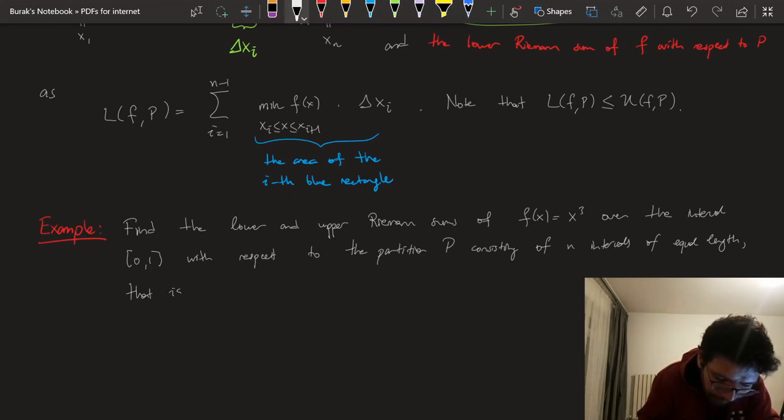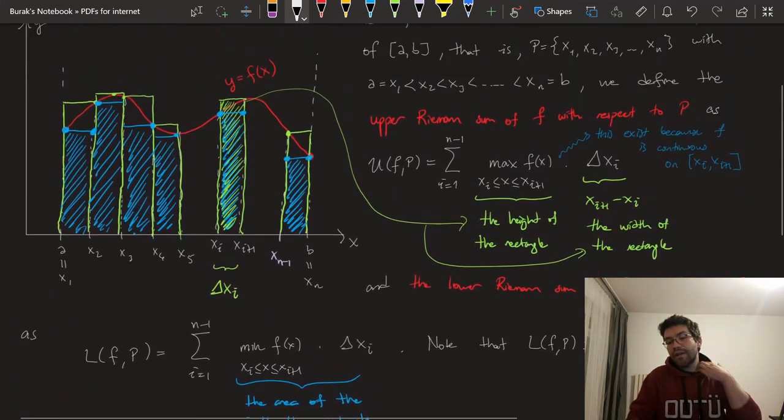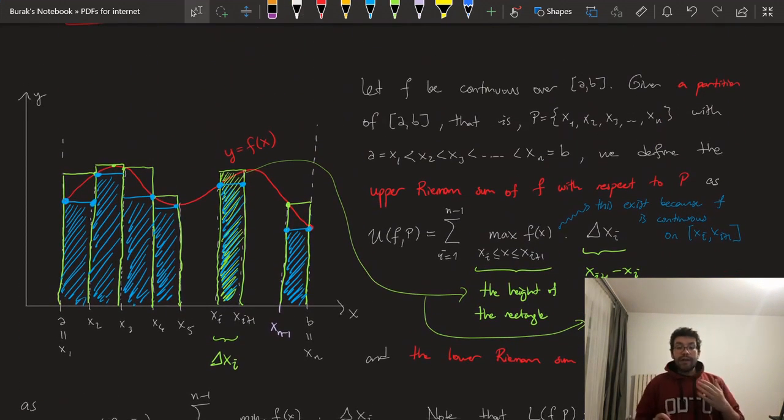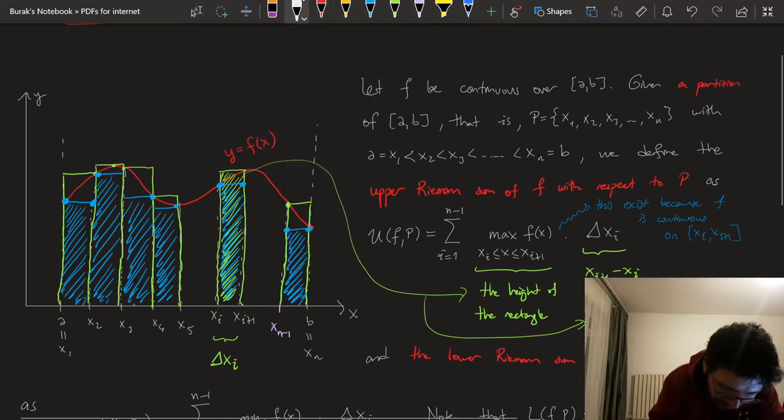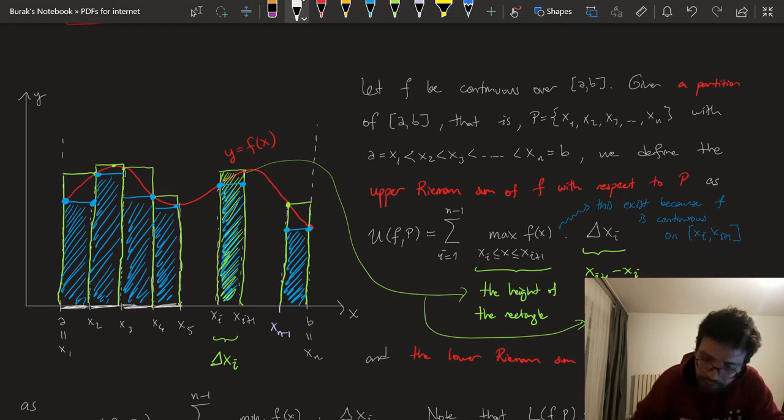Now, I told you that a partition is just a bunch of points, two of which are the endpoints. But a partition automatically splits your closed interval into subintervals. Which intervals? Well, when you take this partition, you have one interval here, one interval here, one interval here, and so on.